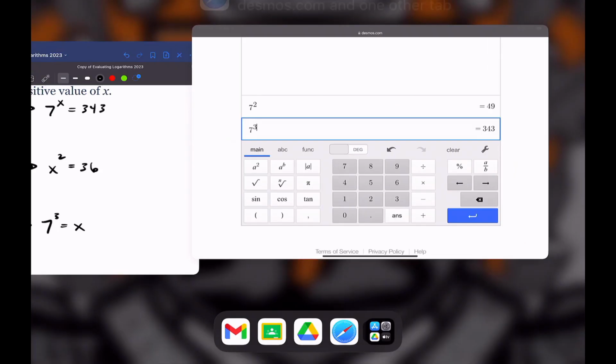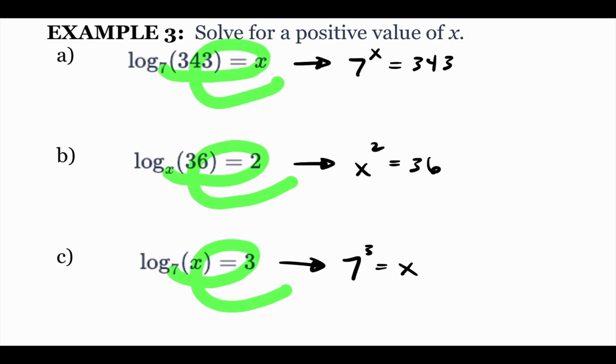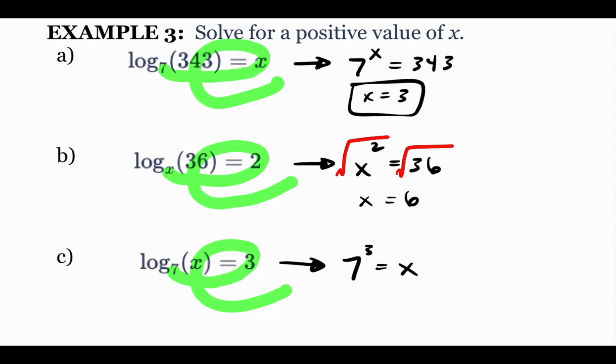So the missing part is 3. Okay. X squared equals 36. Well, do the opposite. Take the square root of both sides. The square root of 36 is 6.